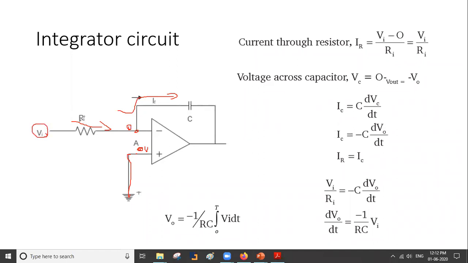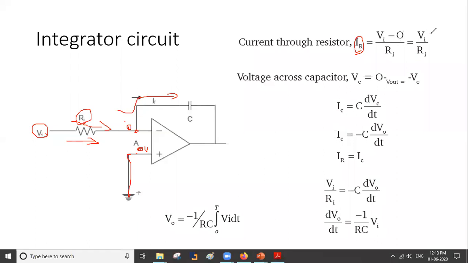So what is the voltage across Ri? Vi minus 0. The current flowing through this resistor Ri, I equals V by R, is the voltage across the resistor divided by the resistance value. So IR is Vi minus 0 divided by Ri.